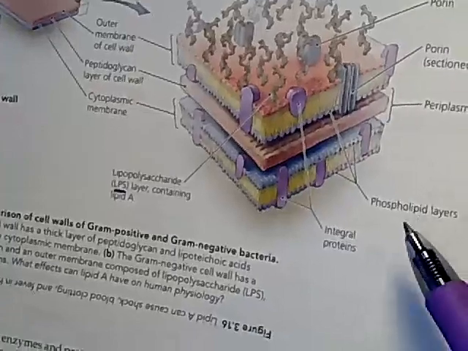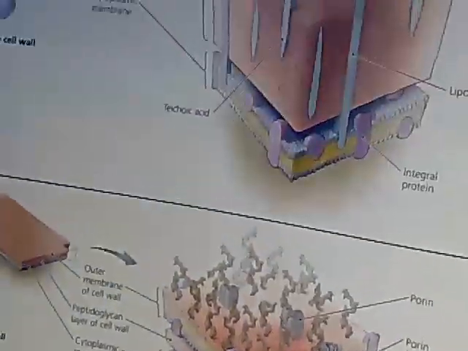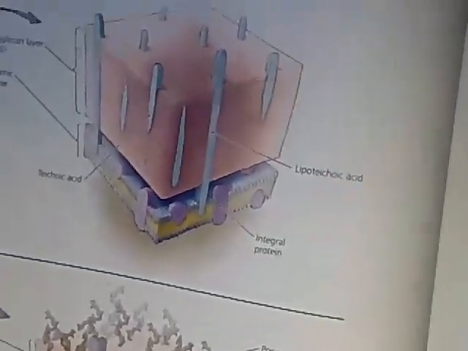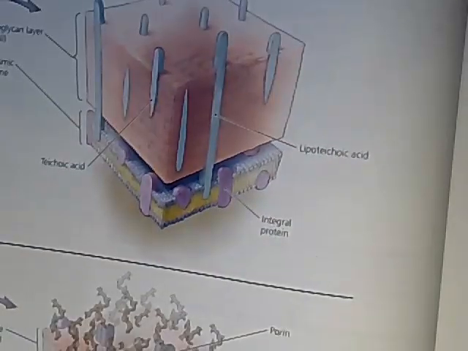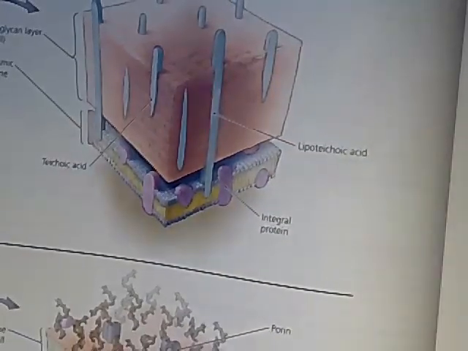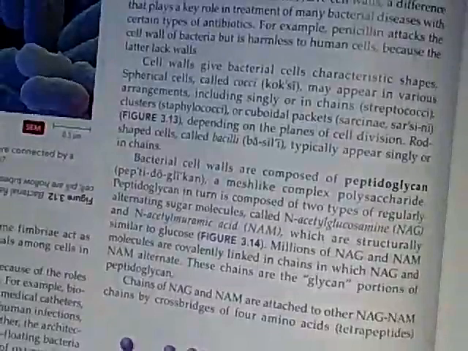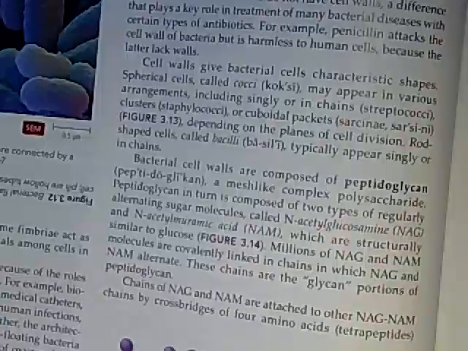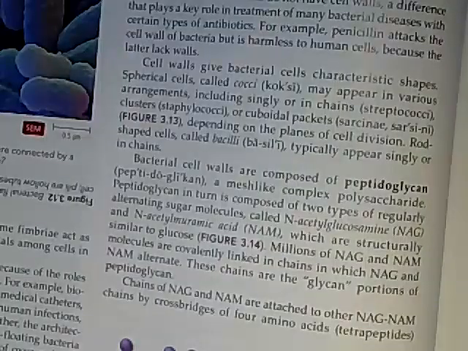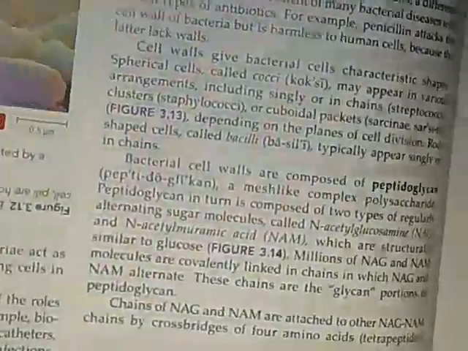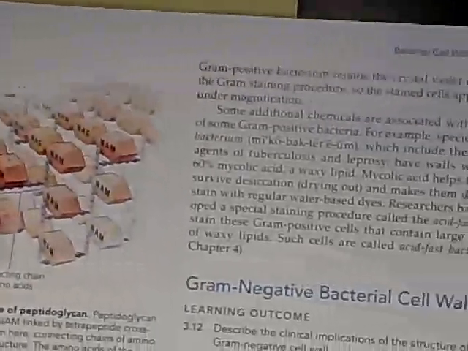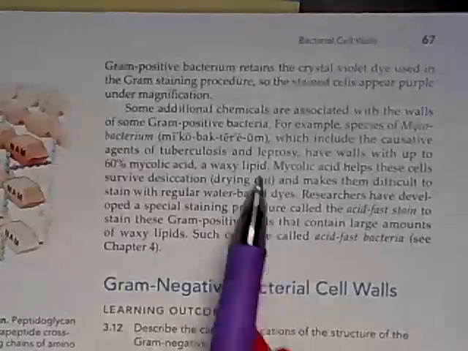Let's talk about some exceptions to the rules. And we got a couple. One exception to the rule is a gram-positive bacterium that we don't call gram-positive because it is a little different. I'm looking for it. It's on page 67 right in here.